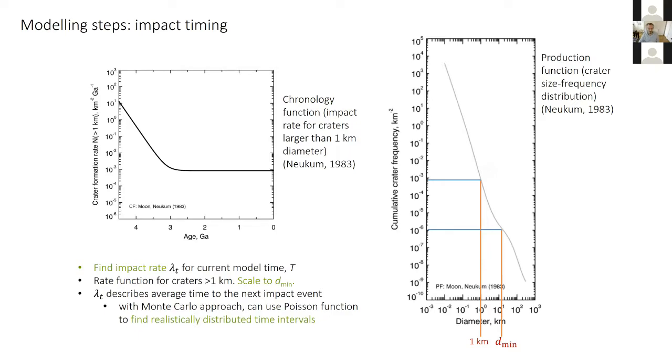And then we use a Monte Carlo approach to calculate the time to the next impact event. And we use a Poisson function to find realistically distributed time intervals when we know that the average time interval is lambda t.